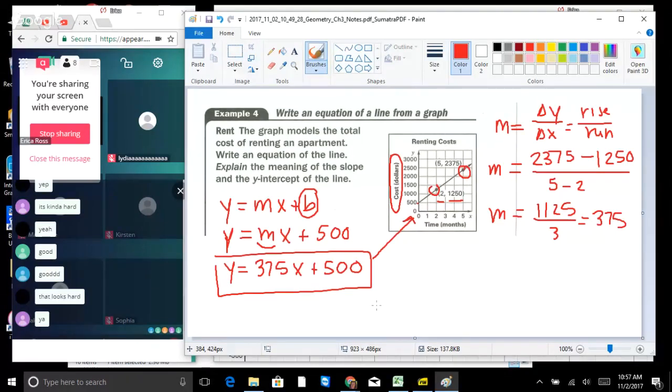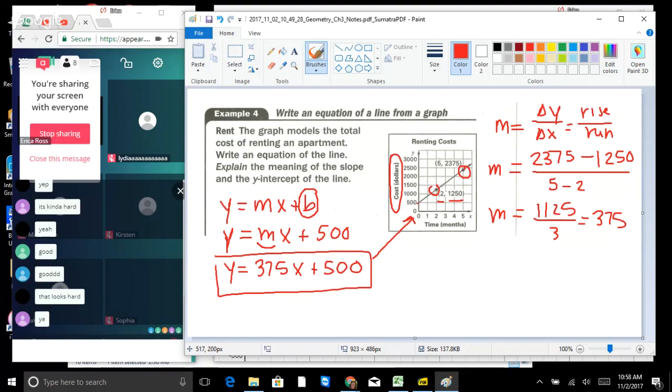How much you have to pay every month for your apartment? Because if you start at $500, and then we rise $375 and we run 1, at month 1, you've paid $875. Then I rise $375 and I go out another month. And now after 2 months, you've paid $1,250. So in this particular case, the slope is representing your cost per month.